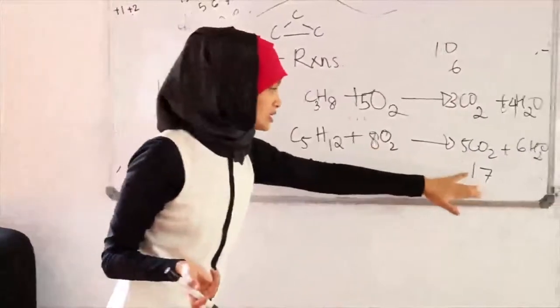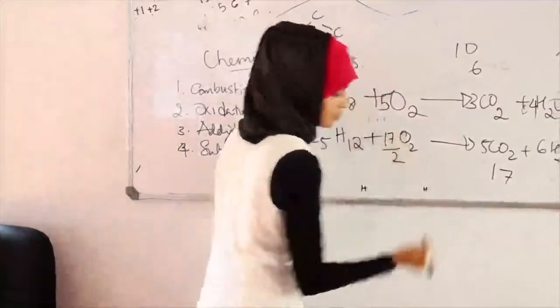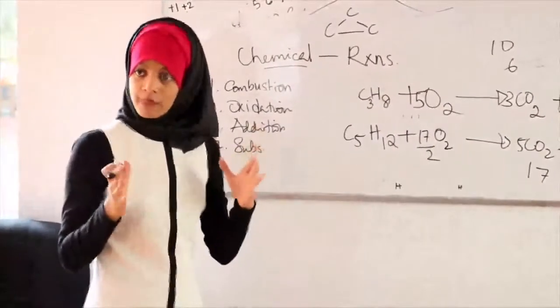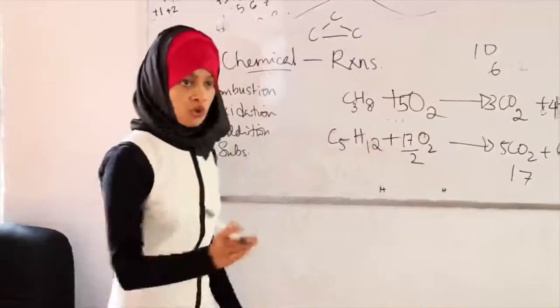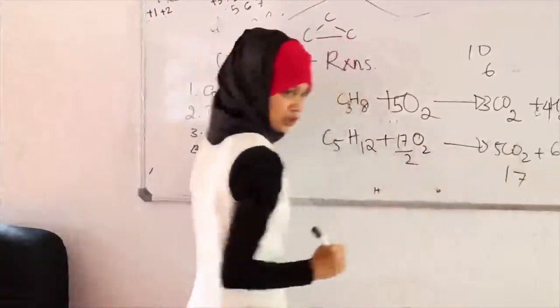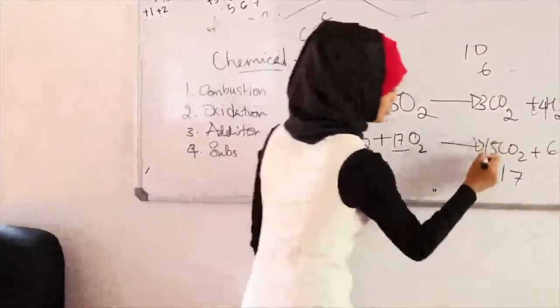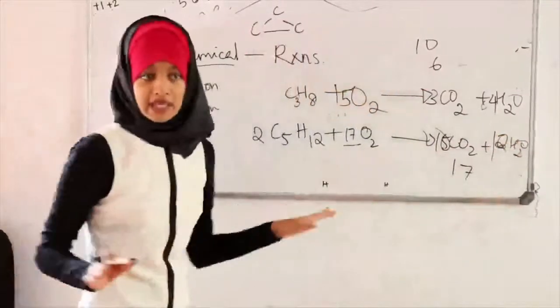So either you can just write 8.5, or in another case 7.5. You can write 17 by 2. You can either write 7.5, or you can multiply everything by 2. So you can put a 2 here. If you multiply this by 2, you'll get a 17 here. This will become 10, and this will become 12. You can do either of the two, okay?